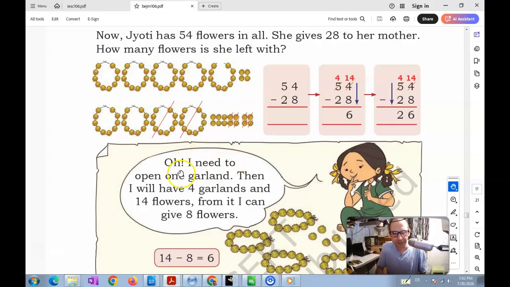And again, we have the same problem, meaning that you have 4 loose flowers over here, and you want to take away 8 of them. So then you have to cut open one of these groups of 10 and redistribute things so that you can give away 28 flowers, right?